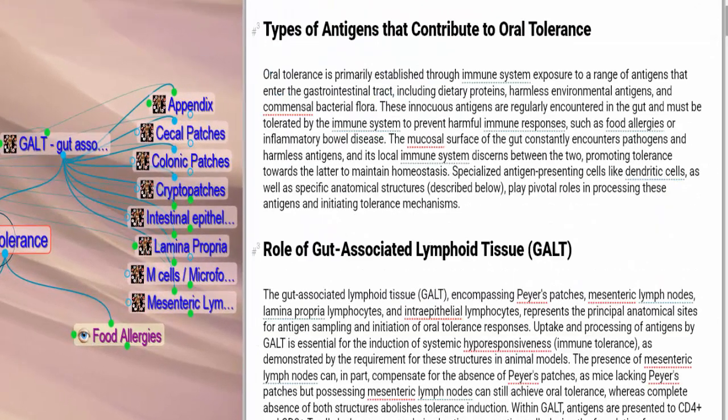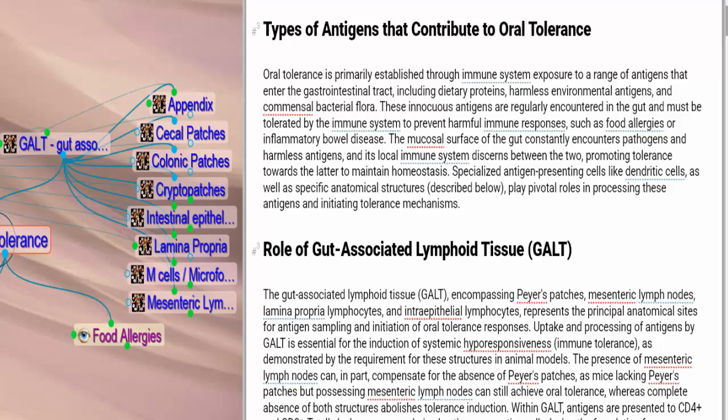Oral tolerance is primarily established through the gut immune system exposure to a wide range of antigens entering our gastrointestinal tract, and those include our dietary proteins, harmless environmental antigens, and our commensal bacterial flora.